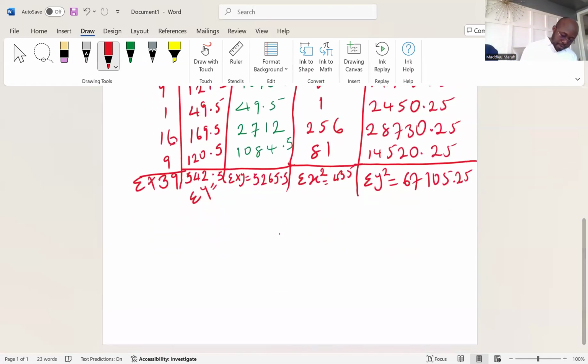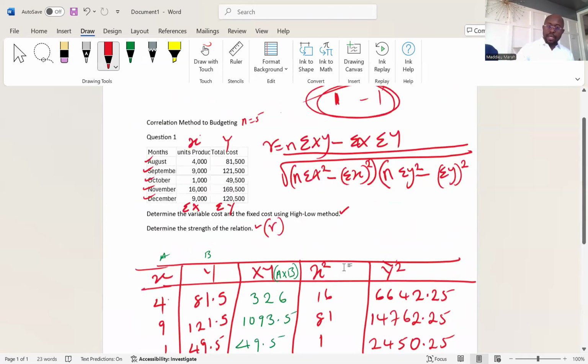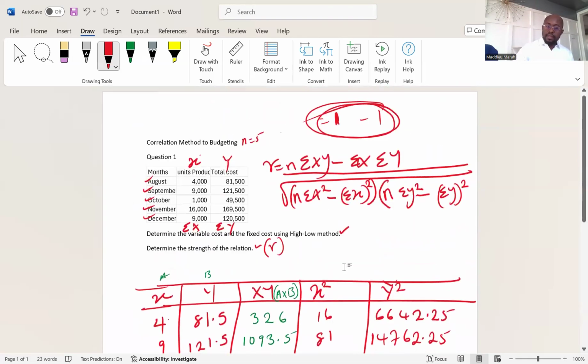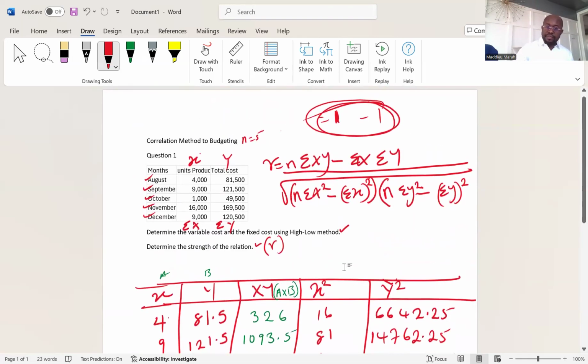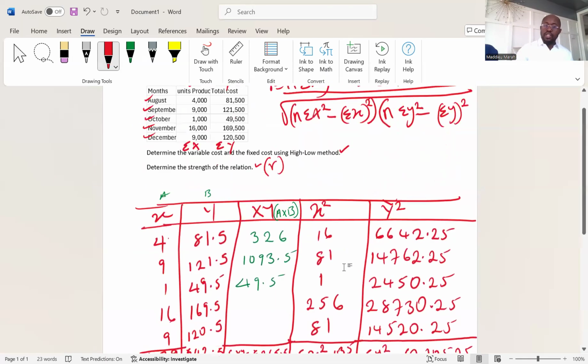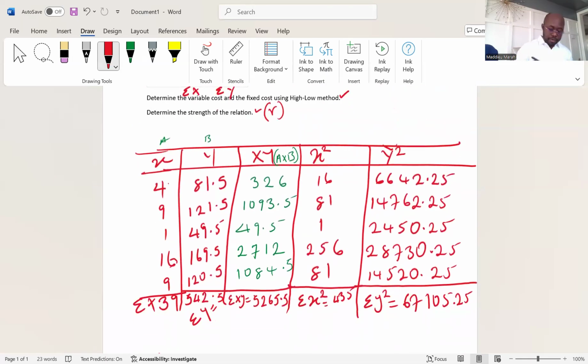Now, what's my R? We said R is equal to N. Look at the formula. N is 5. And what is the sum of xy? Sum of xy is 5265.5.